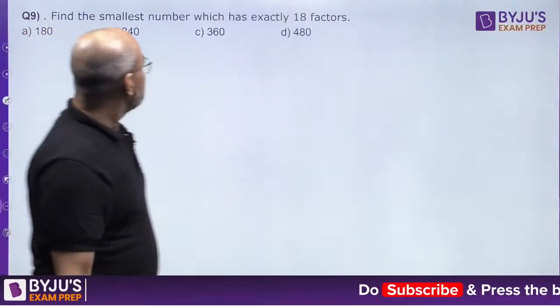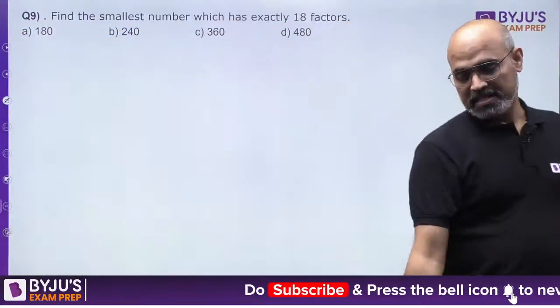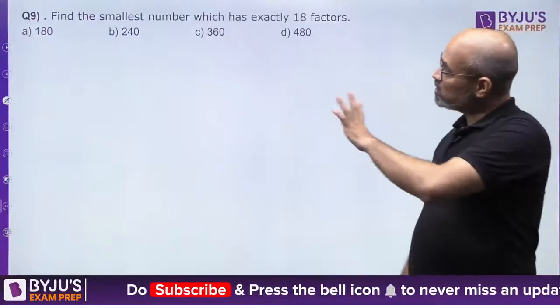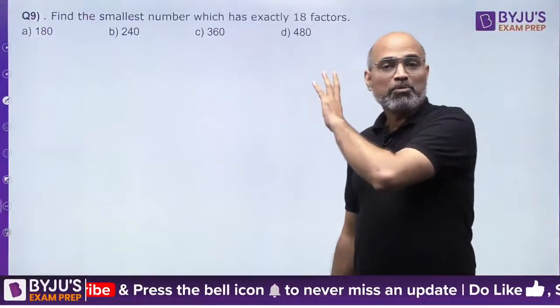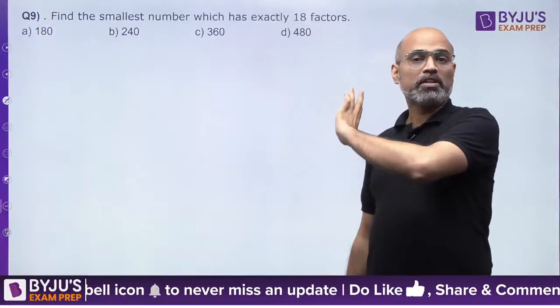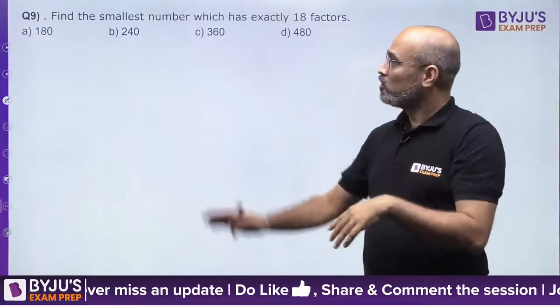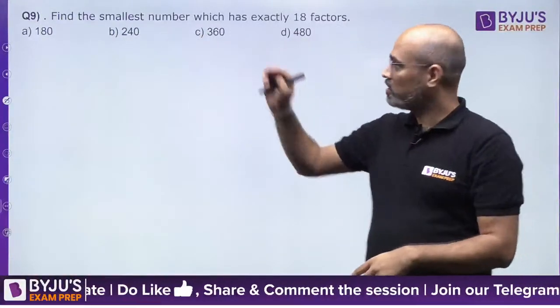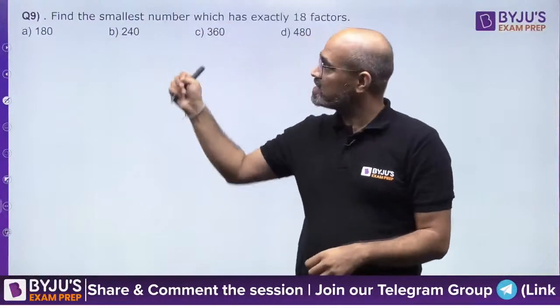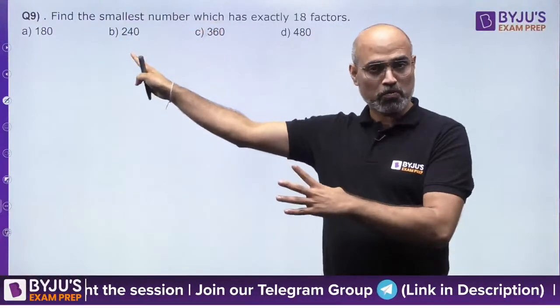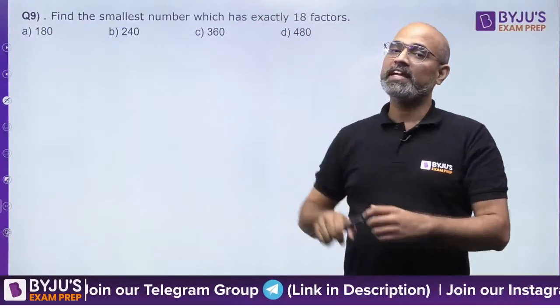Okay, next question. Find the smallest number which has 18 factors. So you guys are going to solve this. I'm not going to help you out with this solution unless and until somebody has a doubt. You already have the options. Prime factorize the options and see which one, the smallest one among these, has got 18 factors.